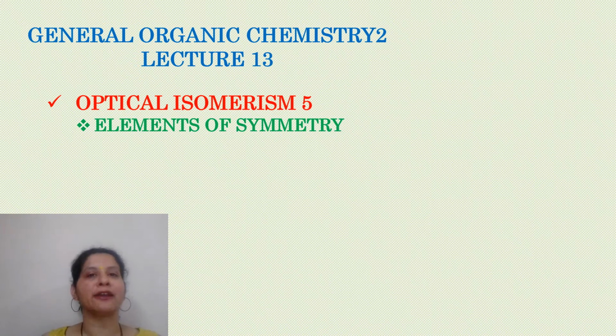So the first and foremost thing is identifying in a molecule whether it is going to be chiral or not, whether it is going to show optical activity or not, whether it is going to have an optical isomer or not, whether it is showing enantiomerism or not, whether it is going to have a non-superimposable mirror image or not. All of these things mean one and the same thing.